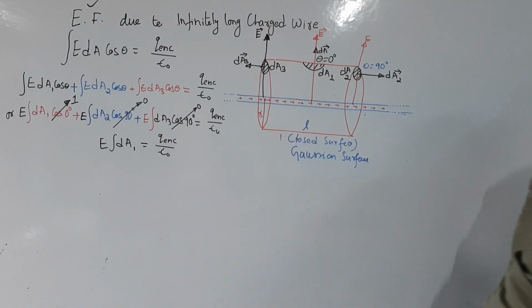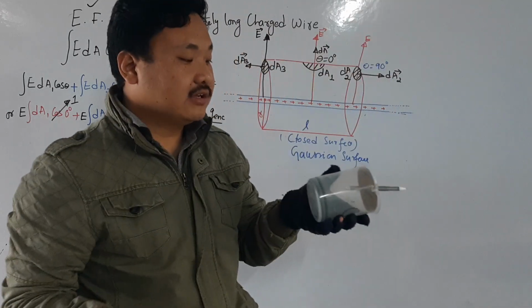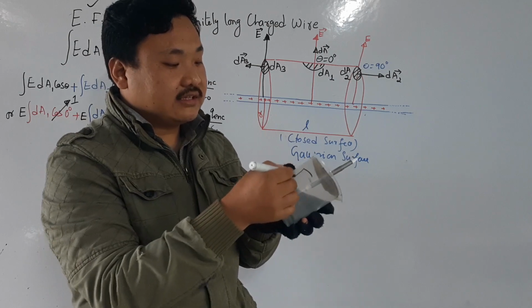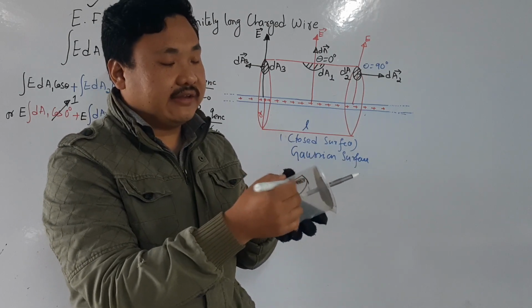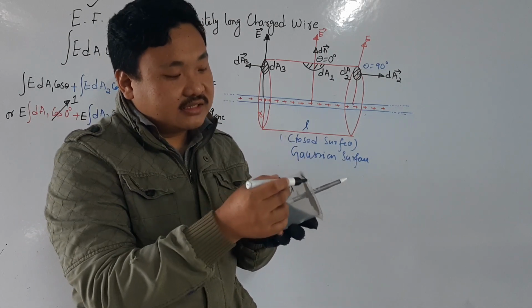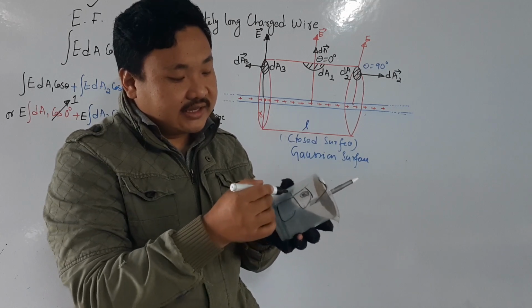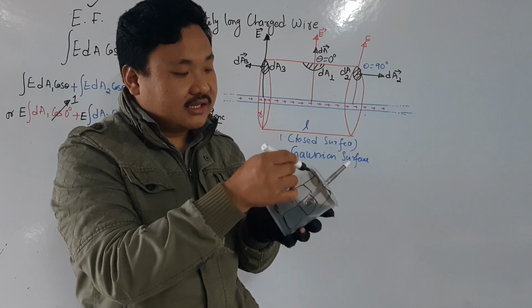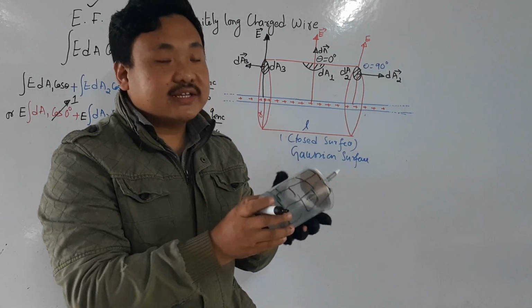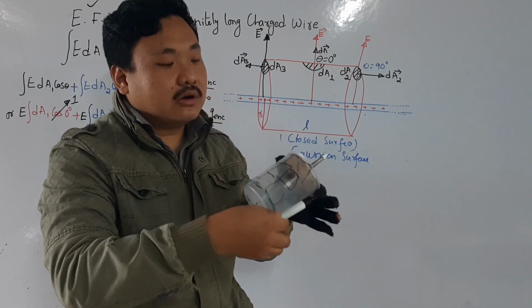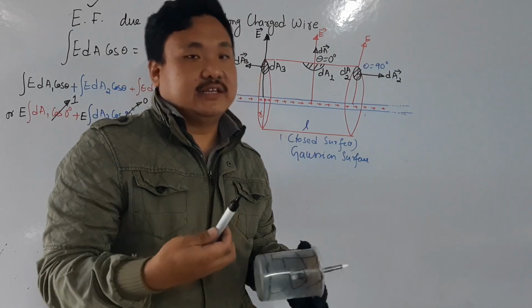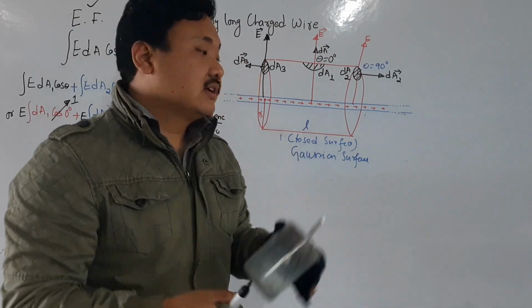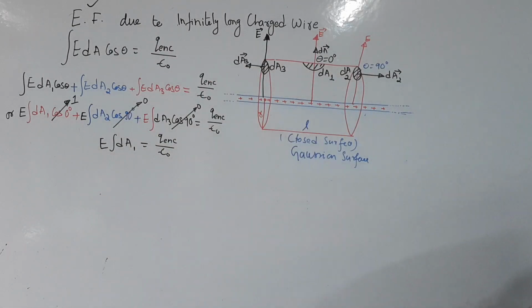Now, what is the integration of dA1? To see this, let's look here. You have considered dA, this one. Now if I integrate this dA, again dA, again dA, what do I get? I get all the curved surface area.